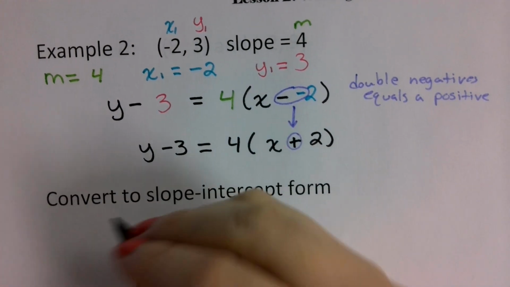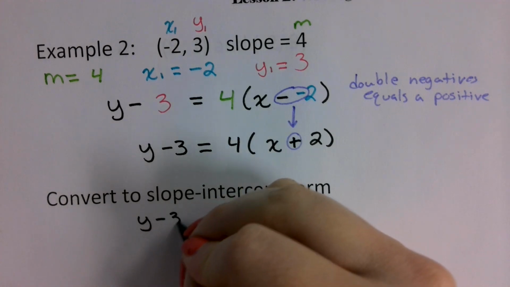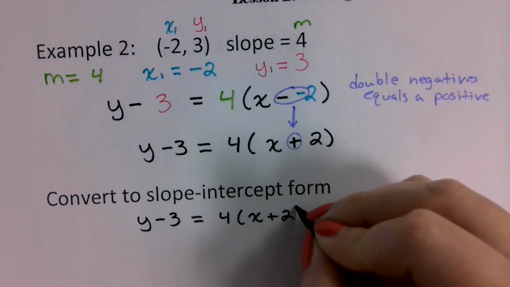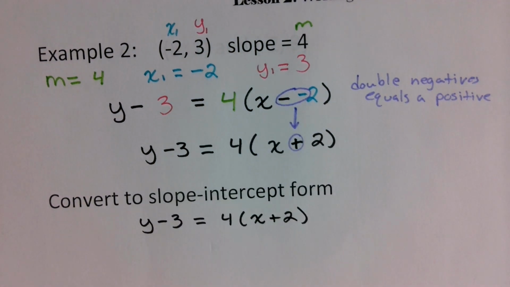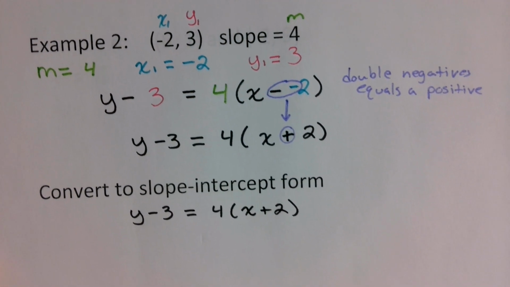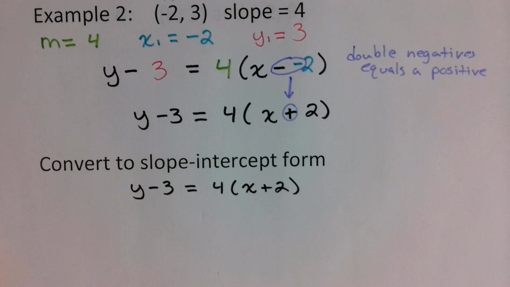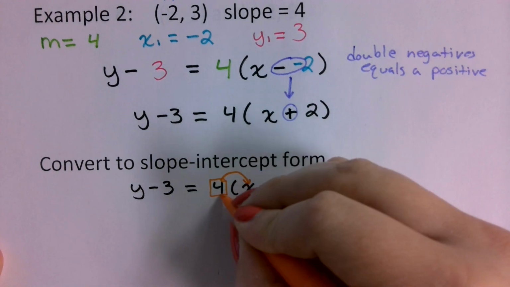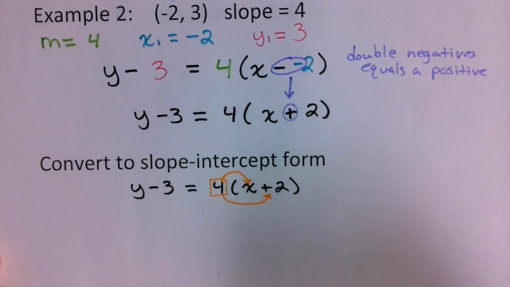We're now going to take this equation and we're going to start converting it into our slope intercept form. So again, what do we always do first? Say it louder, Train. Distribute. We need to make sure we distribute. We're going to do 4 times the x and we're going to do 4 times the positive 2.